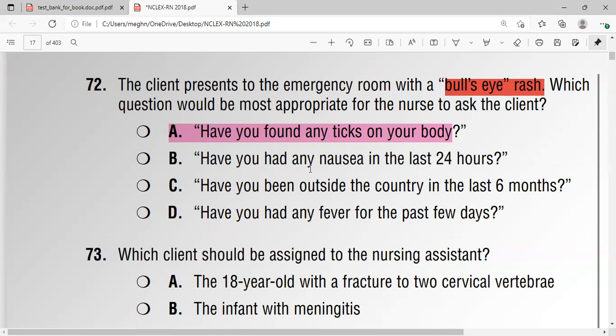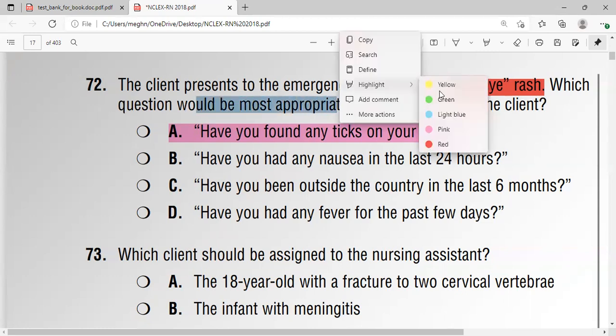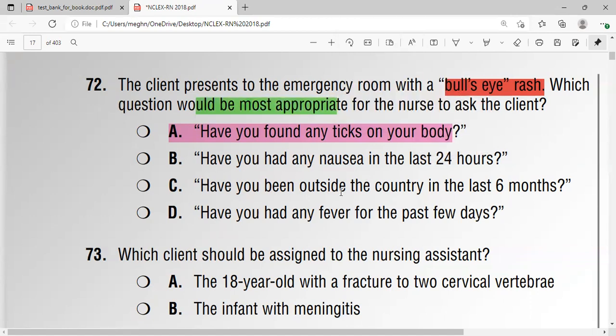Have you had any nausea in the last 24 hours? It is an important question, but it is not the most appropriate. Number D, have you had any fever? It is important, increased body temperature, but not most significant. More significant, have you found any ticks?